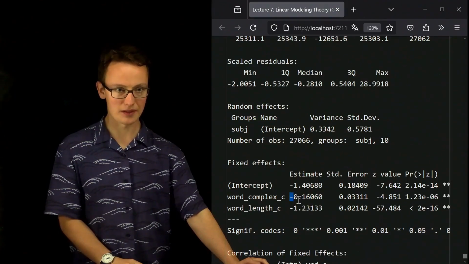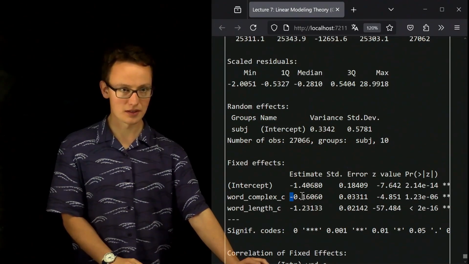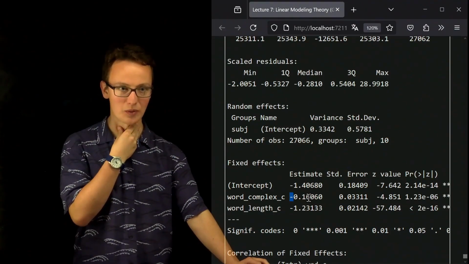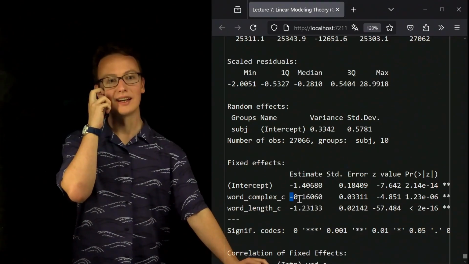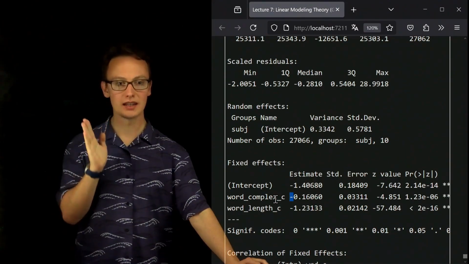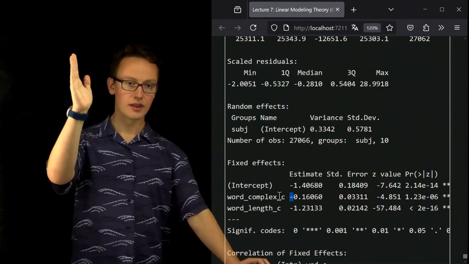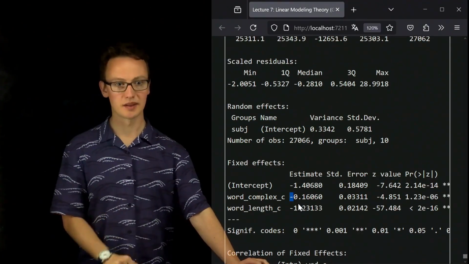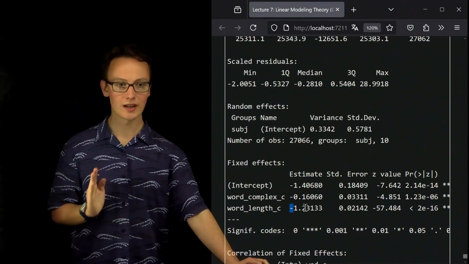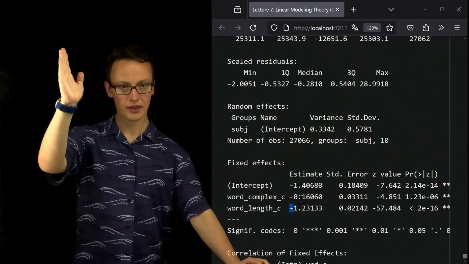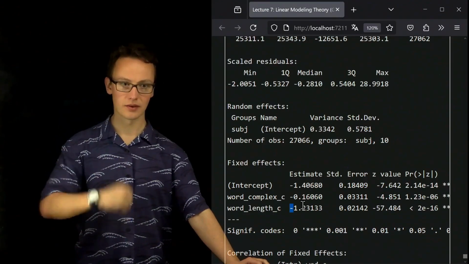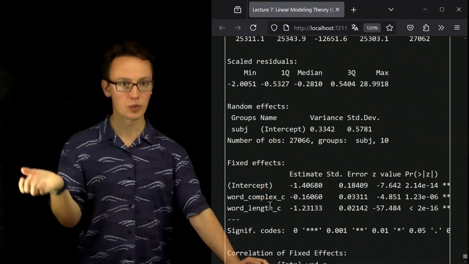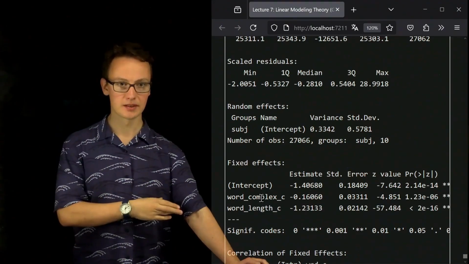We can see by this minus on this difference between log odds here of 0.16 that as the word complexity increases, the skipping probability decreases. That's why we have a negative effect here. And likewise, as the word length increases, the skipping probability decreases. Or in other words, more complex words and longer words are less likely to be skipped, which makes sense, right?